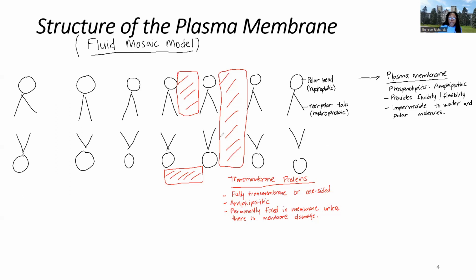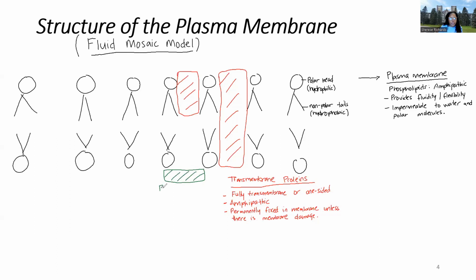Let's look at peripheral proteins. And forgive me, I should have colored this differently just so that we don't confuse it. So I'm going to redraw it in a different color here. Right, so we've got a peripheral protein here. And let's describe this.